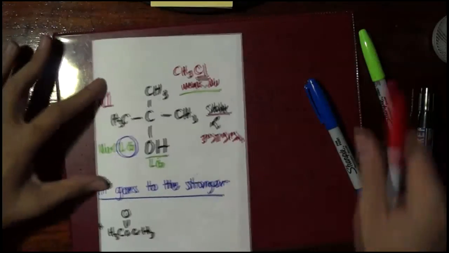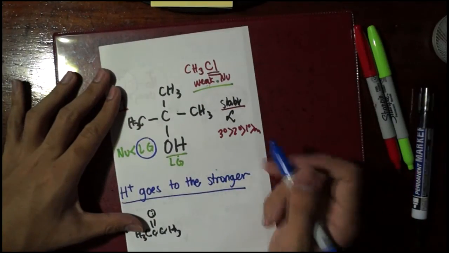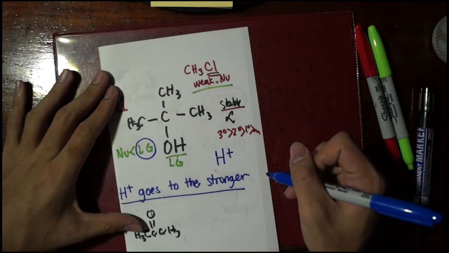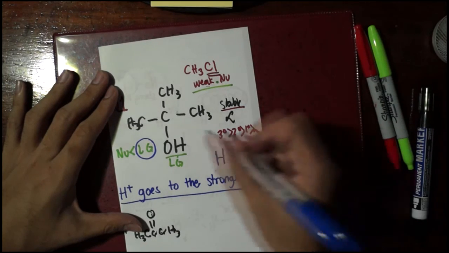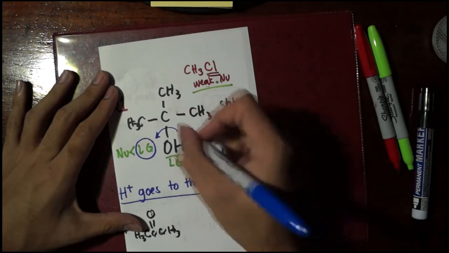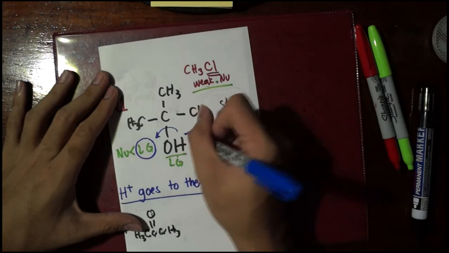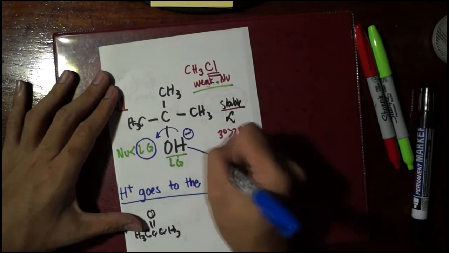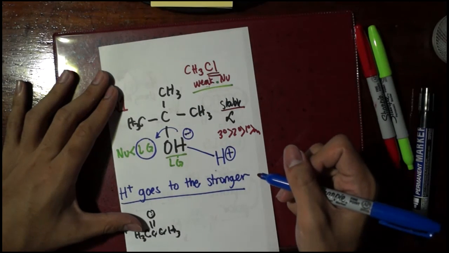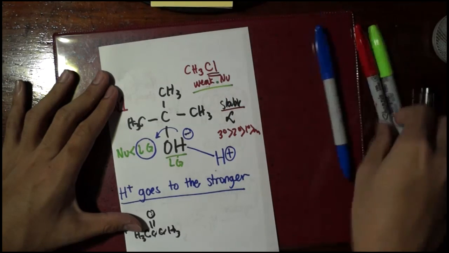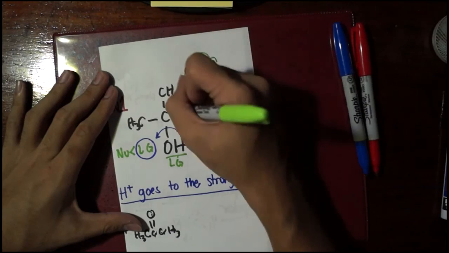Aprotic. The other way around, let's go here. So what happens? Hydrogen here, let's draw a hydrogen here, goes to the leaving group. So let's say the leaving group leaves. What happens? The leaving group becomes negative. This is negative, this is positive. They form a bond. Do we want that? What's the point of the reaction? The point of the reaction is to have the chlorine react with this one.